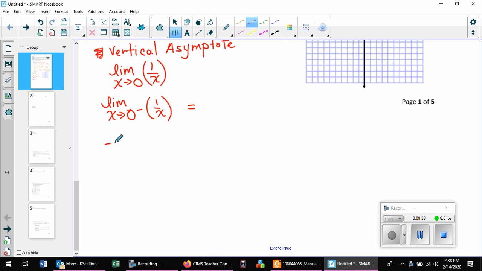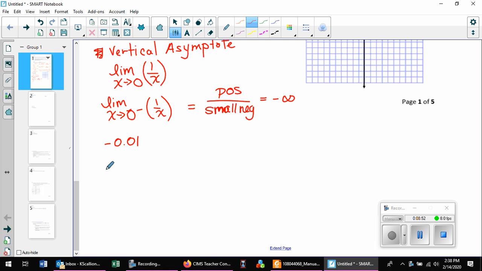So you can think of 0.01. So we have a positive number on top, and a small negative number on the bottom. Where are we going? Negative infinity.